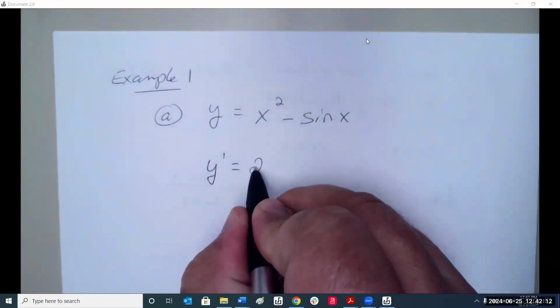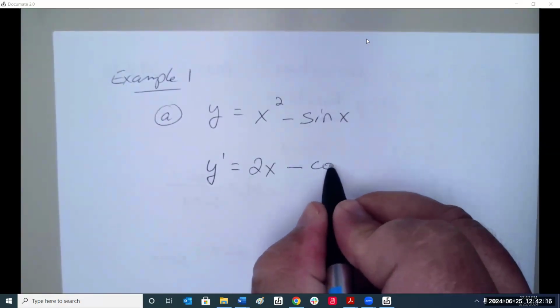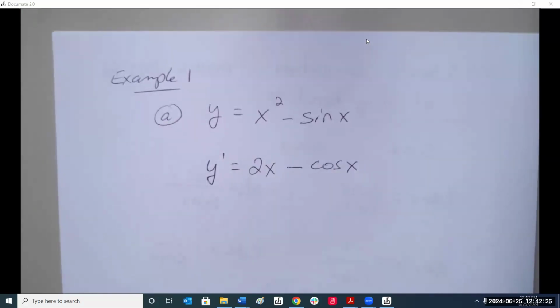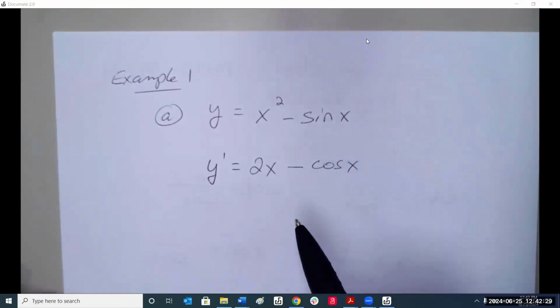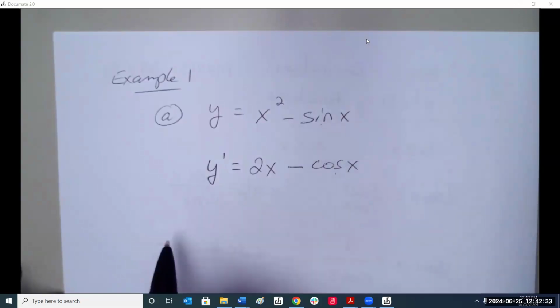So 2x. It just goes opposite from wherever it's on. You keep on going clockwise around it. You're going all the way around. So the derivative of sine is cosine, already negative.